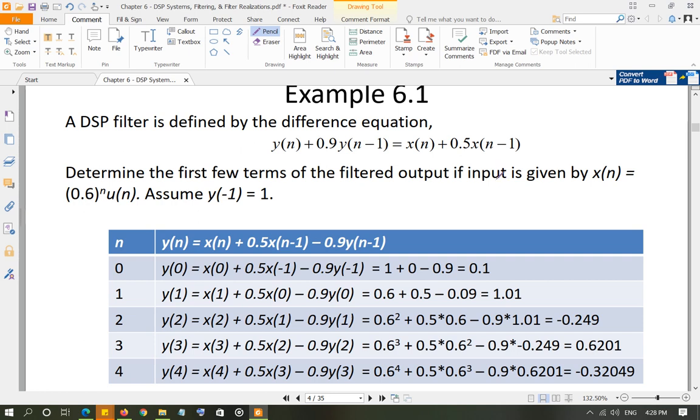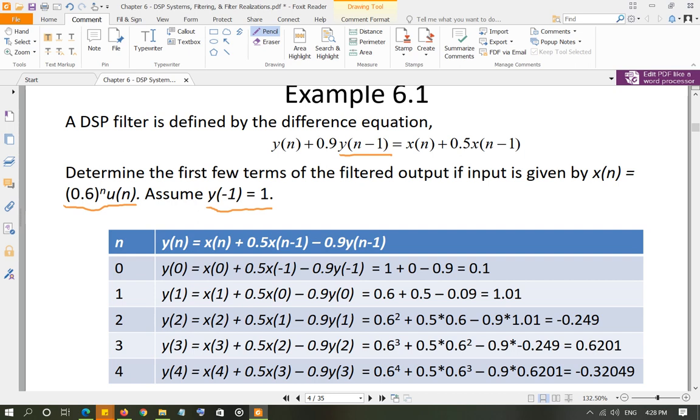So in this one, this is an infinite impulse response system equation, because you have y of n minus 1. And basically we are saying that if x of n is represented by the series 0.6 to the power n u of n, and the previous value y of negative 1 is 1, then what will be y of n?